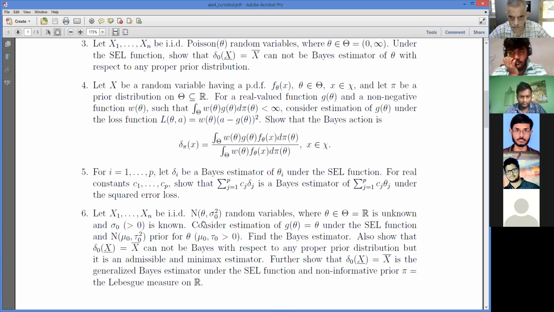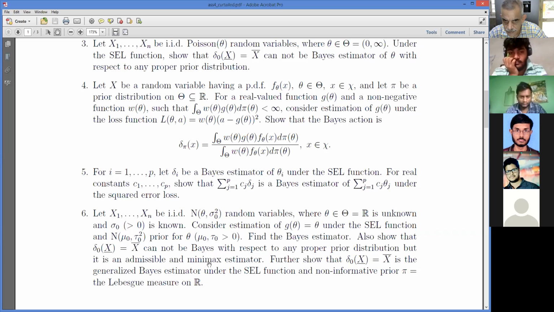You have mentioned only one theorem in class, that if some delta pi is Bayes with respect to pi and has constant risk, then it is minimax. So what I'm saying is the minimax part you can leave. That I'll do in the next lecture. Rest of the thing you are able to do, right? Yes, sir. I just couldn't prove that it will be a minimax estimator. So that theorem I have not done, so that part, proving minimax, you can leave.